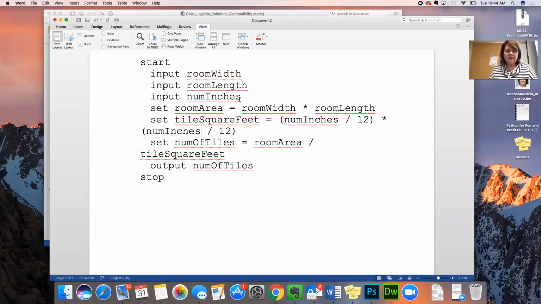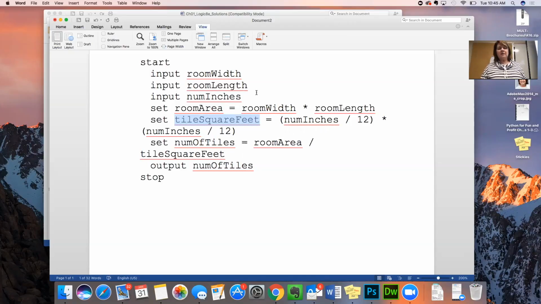So if they entered 6, then set number of tiles equal to room area divided by tile square feet. So whatever you get here, you take the room area divided by the number of tiles per square feet, and that would give you the number of tiles for the room.